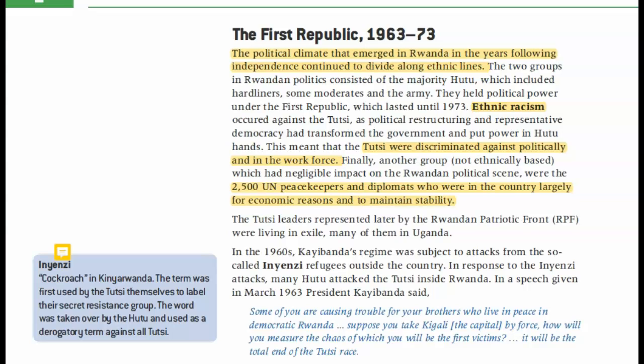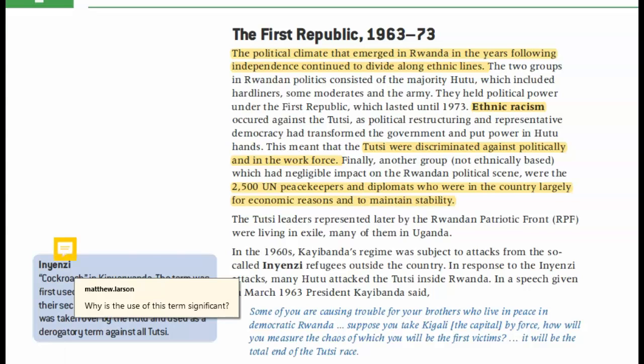There'll be 2,500 UN peacekeepers and diplomats who are in the country, and they're largely there for the economic recovery of Rwanda, to make sure that Rwanda is economically growing, and to make sure there is stability, to make sure that the Tutsi extremists don't start killing or the Hutu extremists don't start killing all the Tutsi, and the Tutsi don't respond and start killing all the Hutu. So they're kind of there to make sure they're maintaining peace.